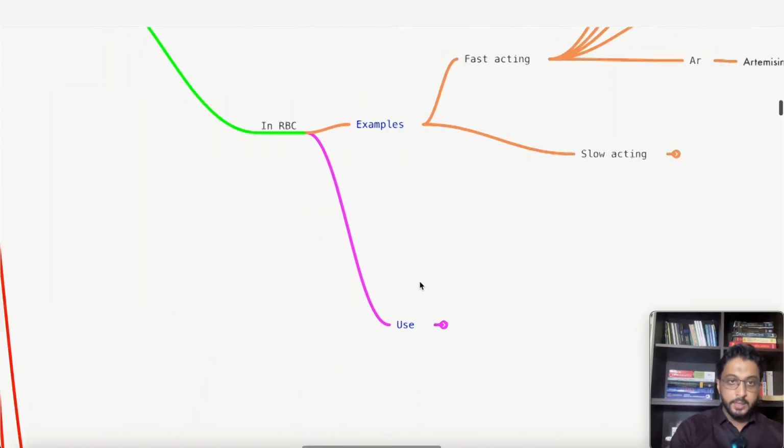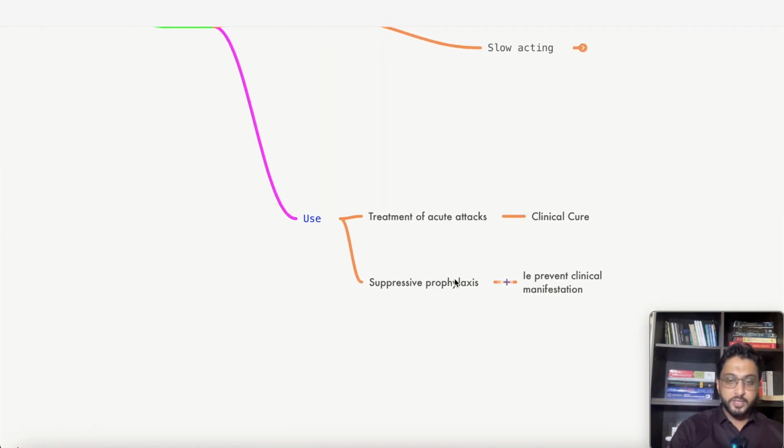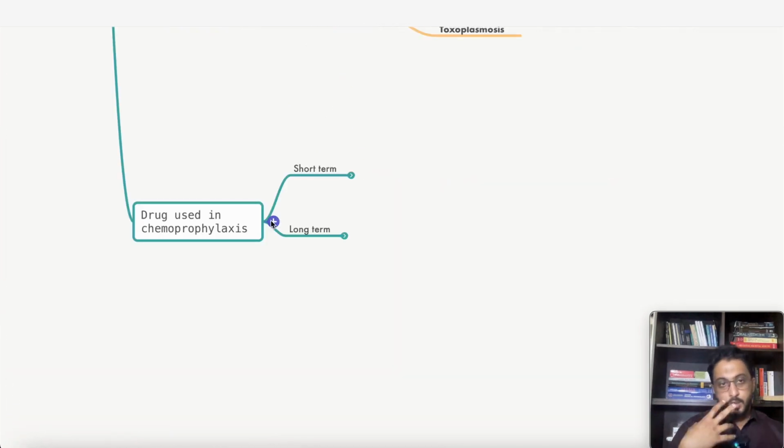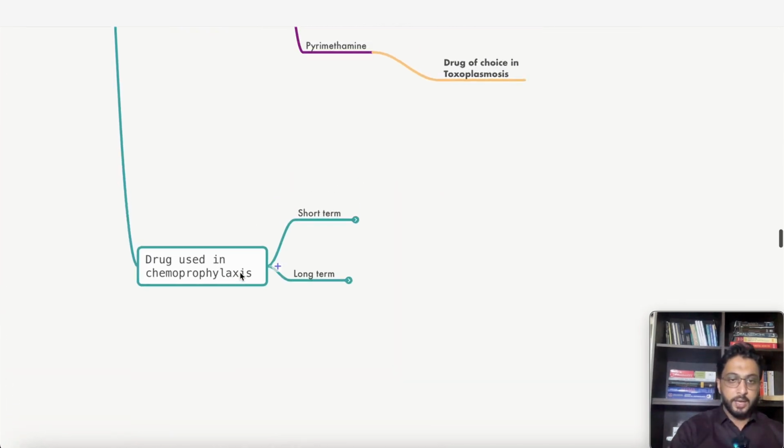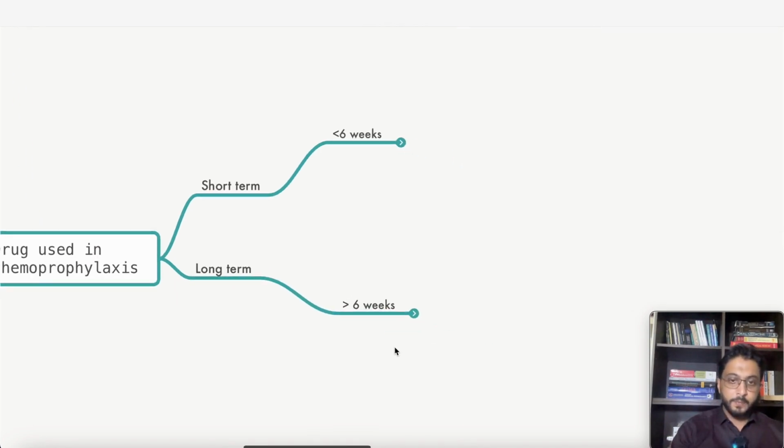Now we studied, if it's in the RBC, what effect are you doing? It's a suppressive prophylaxis. Now you're going to study chemoprophylaxis, where those are not affected. You are preventing the disease from originating itself. So you can have two options here. You can use the drug for short-term purpose, less than 6 weeks, and there are drugs which are used for long-term purpose, more than 6 weeks.